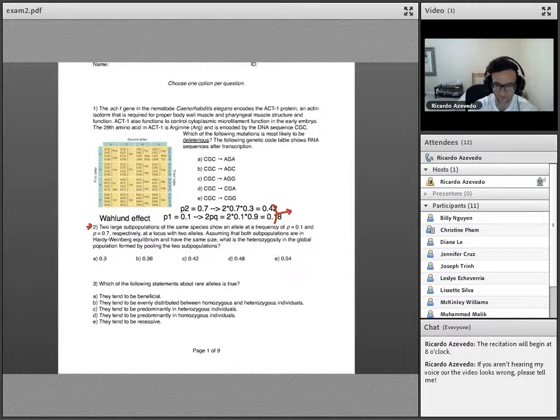So we simply add the two, 0.42 plus 0.18, and divide by 2, which would be 0.3.